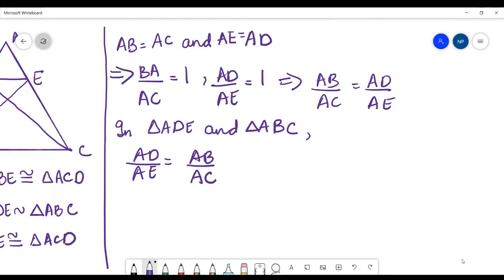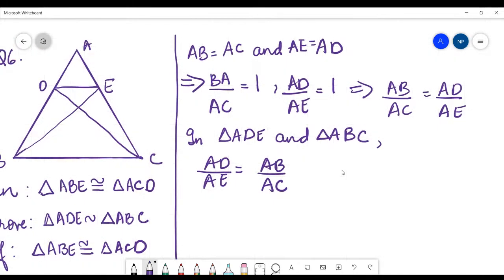Also if you see the diagram here, children, angle A is common in both triangle ABE as well as angle ABC. So here we are going to write angle A is equal to angle A, which is common.